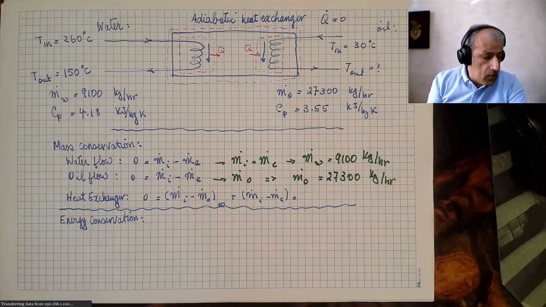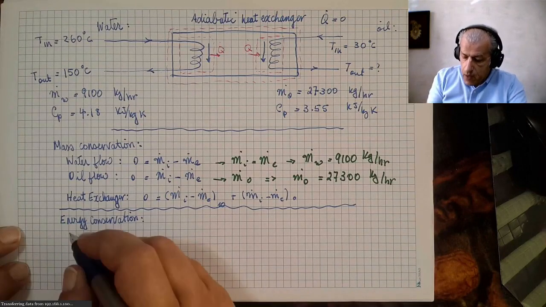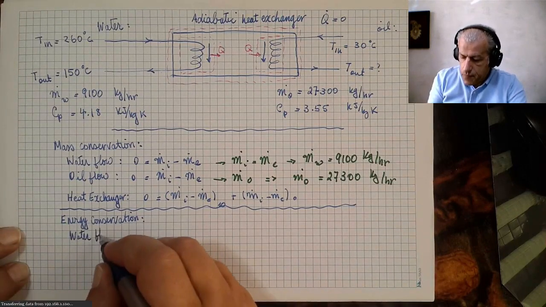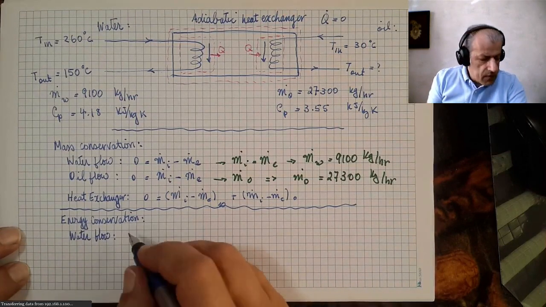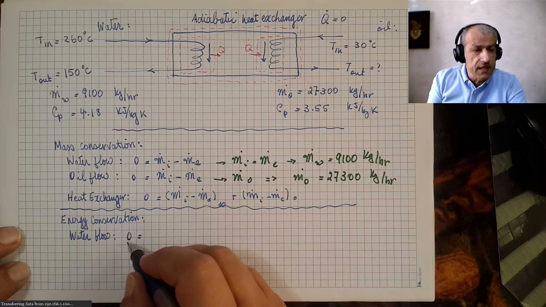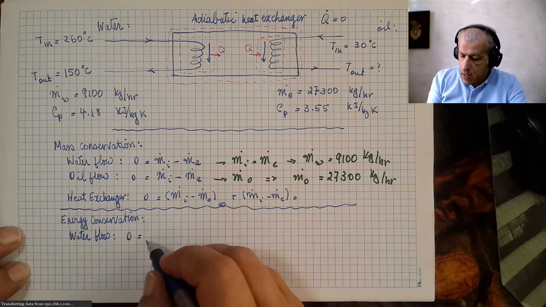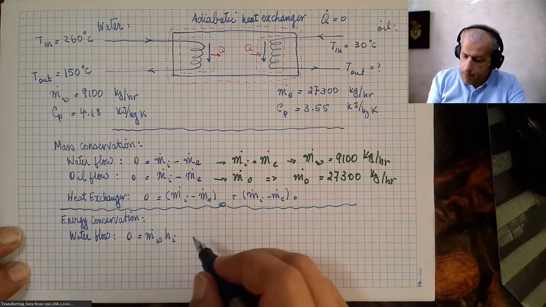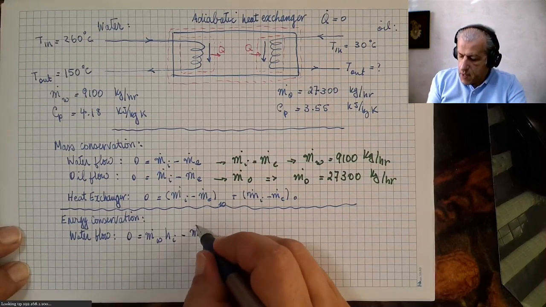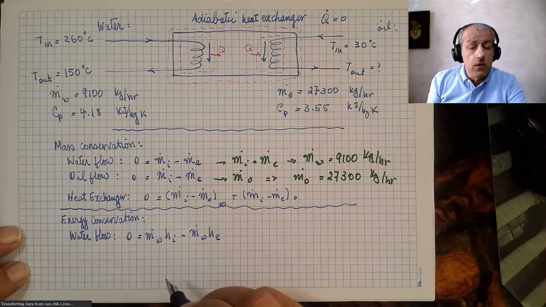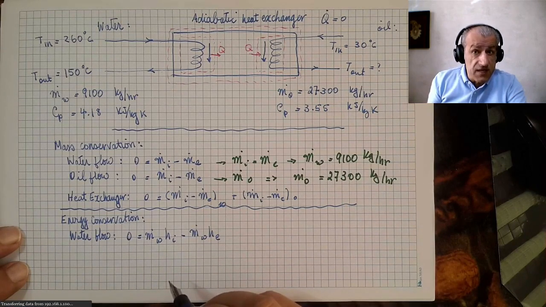For the water flow, once again, what we have is that 0, since it's steady, the left-hand side is 0, equals m dot water hi minus m dot water he. I have ignored elevation and changes in velocity.